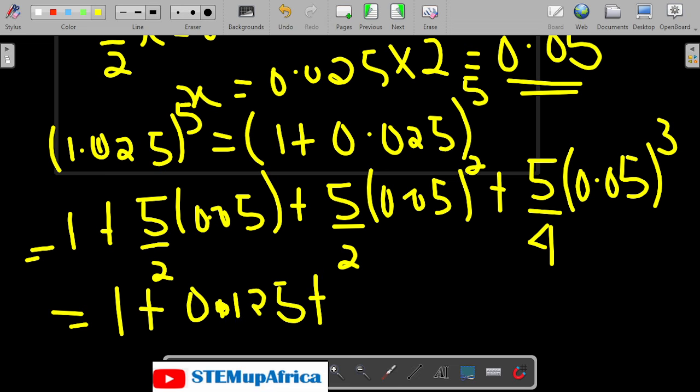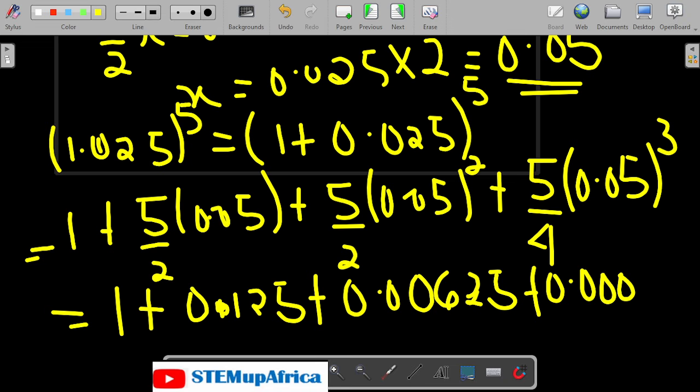Then 0.05 squared times 5 divided by 2, that will give me 0.00625, plus, do the same thing, 0.05 raised to the power 3 times 5 divided by 4. That will give us 0.00015625.